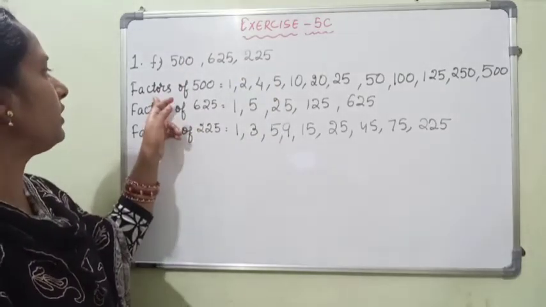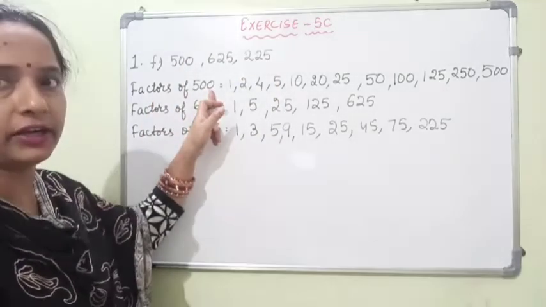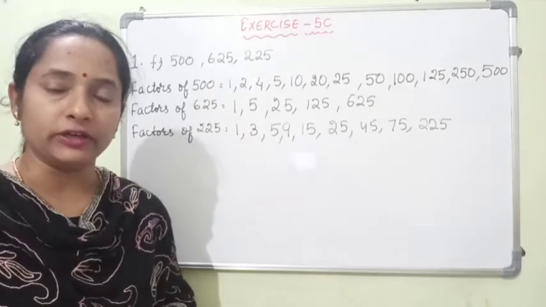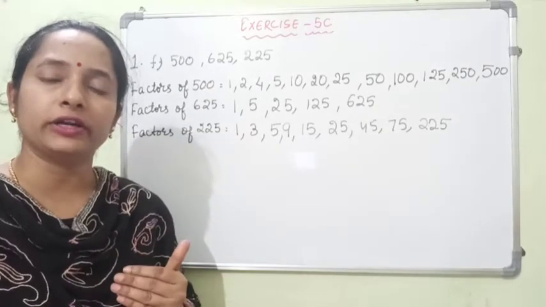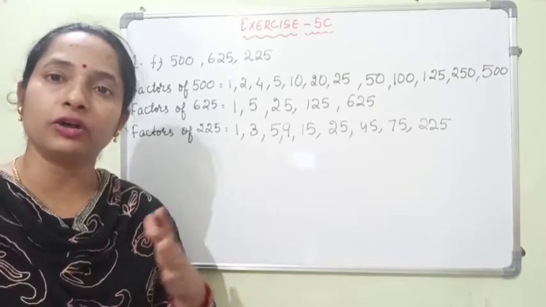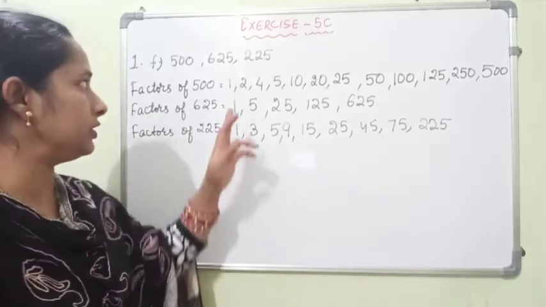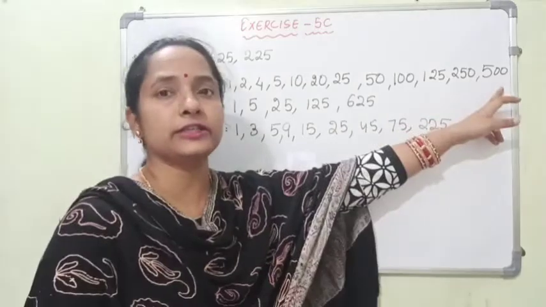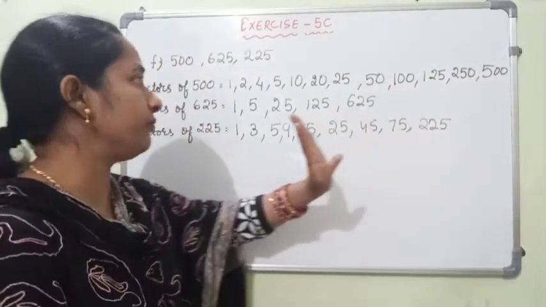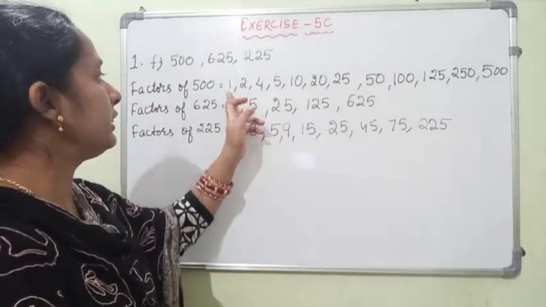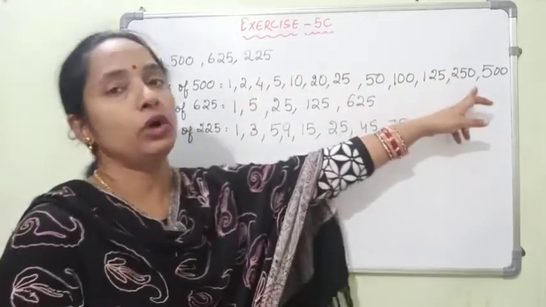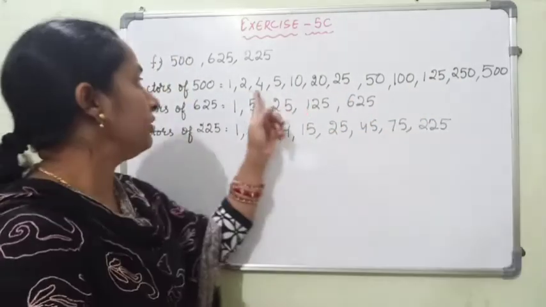So first of all we will write the factors of 500. What are the factors of 500? You have to divide 500 by counting numbers and list out all the possible factors of 500. So 1 and 500 itself are the factors of 500. Then 2 times 250 is 500.